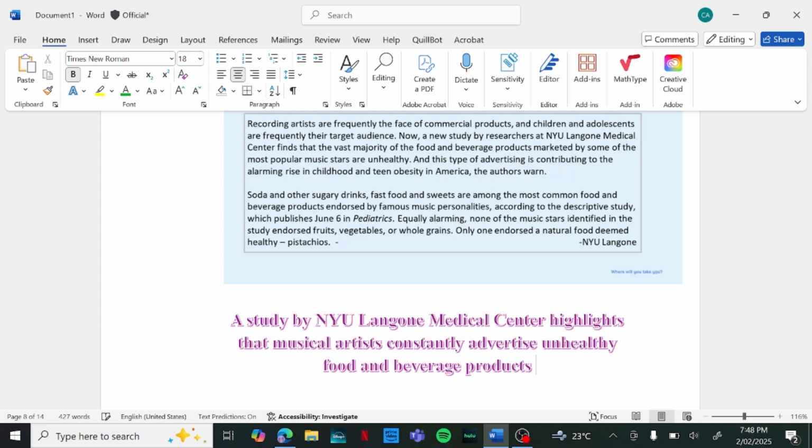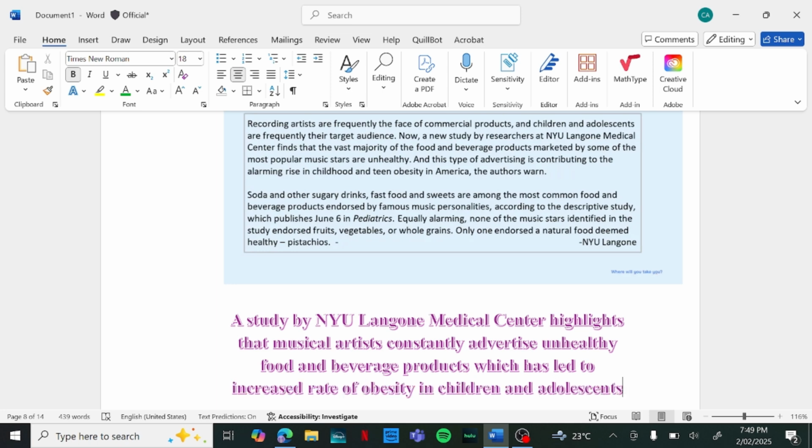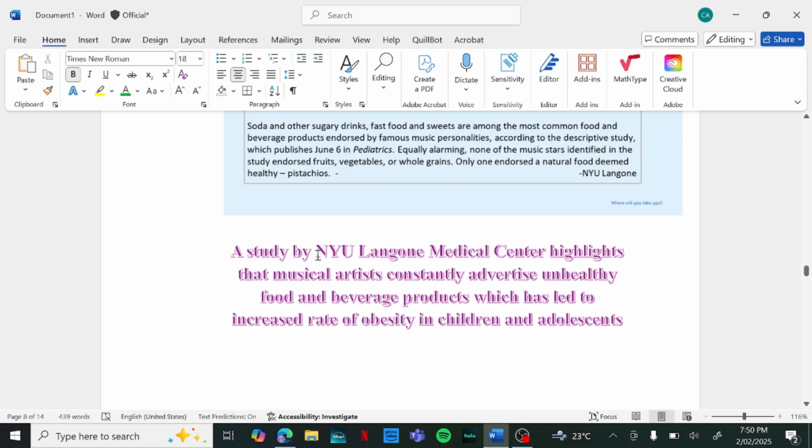Which, I'm using which because after they talked about the advertising, they mentioned how it's the reason for increased obesity, which has led to increased obesity, increased rate of obesity in childhood, in children and adolescents. So let's see how far we've come and see if any of the things we've written make sense.